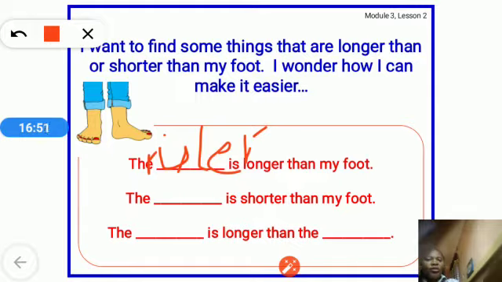Yes, that is my ruler. My ruler is longer than my foot. The dash is shorter than my foot. My what? My marker.